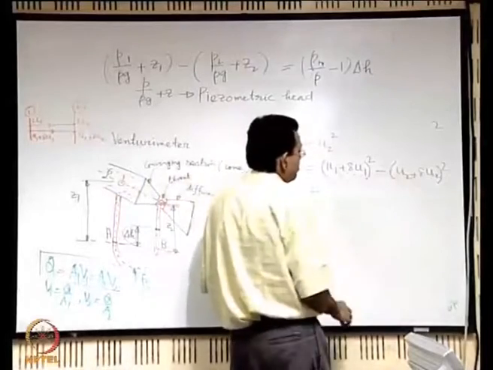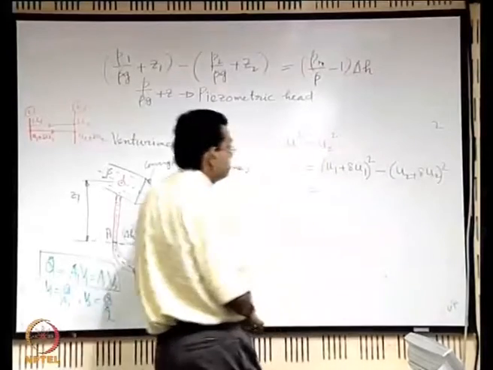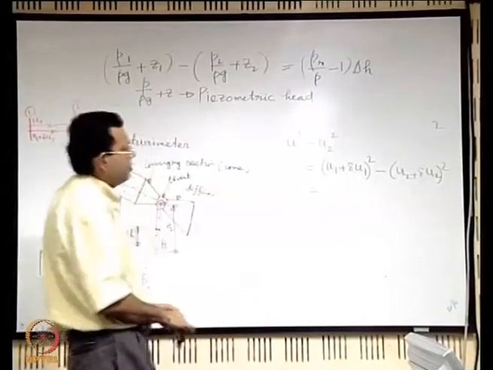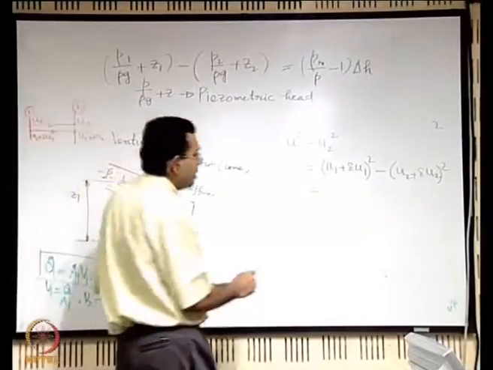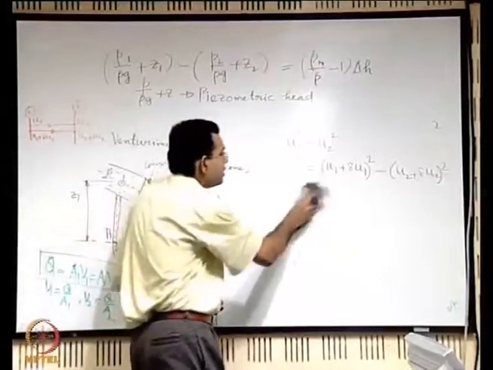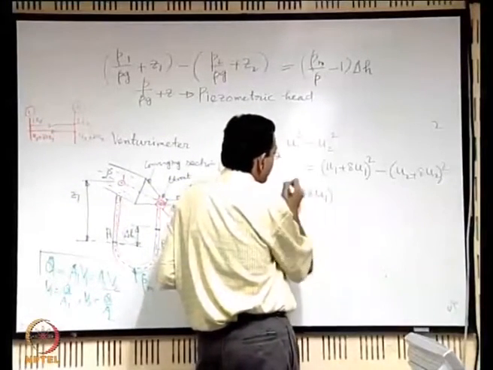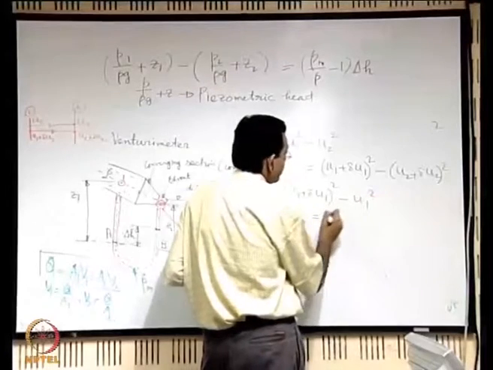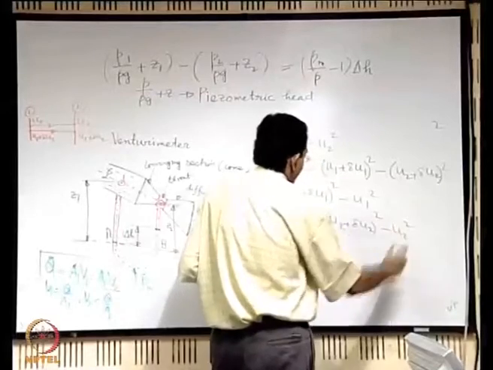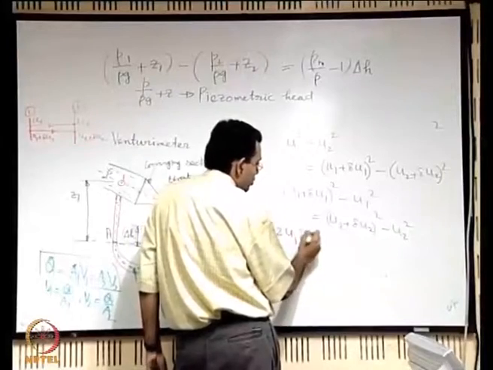So, if you now write it like this, you can bring u1 plus delta u1 square to one side: u1 plus delta u1 square minus u1 square is equal to u2 plus delta u2 square minus u2 square. So you can write it as 2u1 into delta u1.